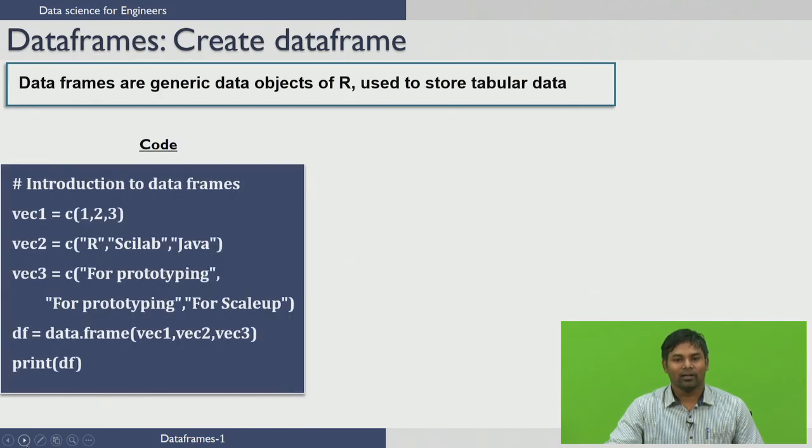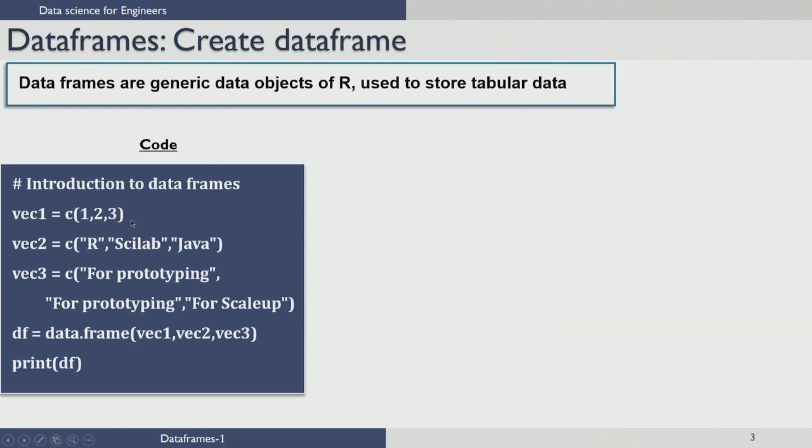The code here shows how to create a data frame. The command where the mouse is pointed creates a numeric vector containing 1, 2 and 3. The second command creates a character vector which contains 3 strings: R, Scilab and Java.